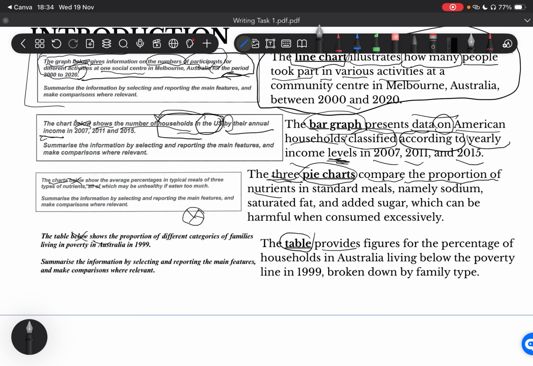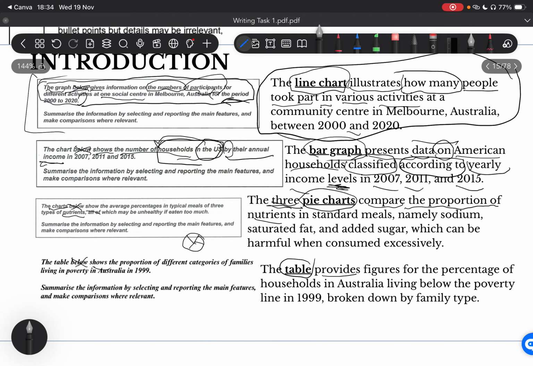Here it says 3 types of nutrients, but does not mention which nutrients. But in your introduction, you see from the graph those 3 names and you are being more clear, so it's good.